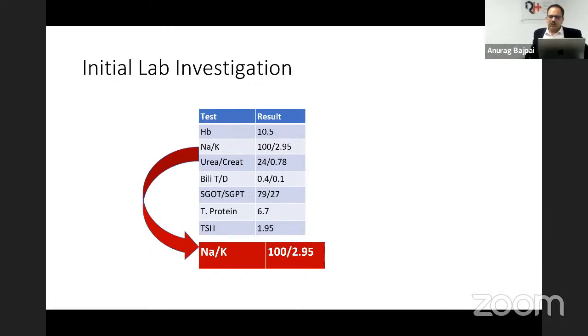Now the question is that if you are attributing it to adrenal insufficiency, is it central versus peripheral? What do you think based upon this sodium report? Central, definitely, because the potassium is normal. Now, the extent of sodium reduction is very, very remarkable.